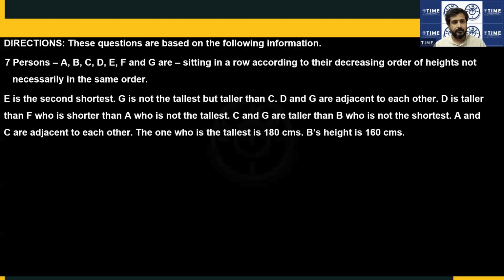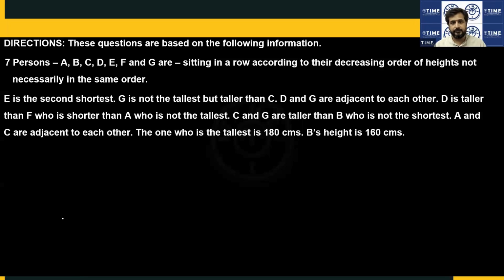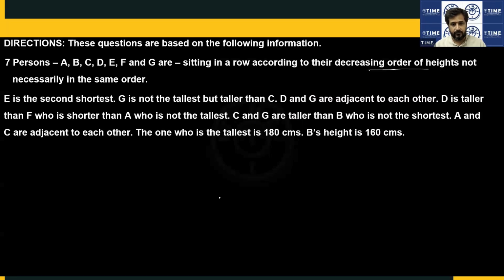So see here, we have given 7 people, A, B, C, D, E, F, G, sitting in a row according to the decreasing order of their heights, not necessarily in the same order. So we have 7 people arrangement, 1, 2, 3, 4, 5, 6, 7.